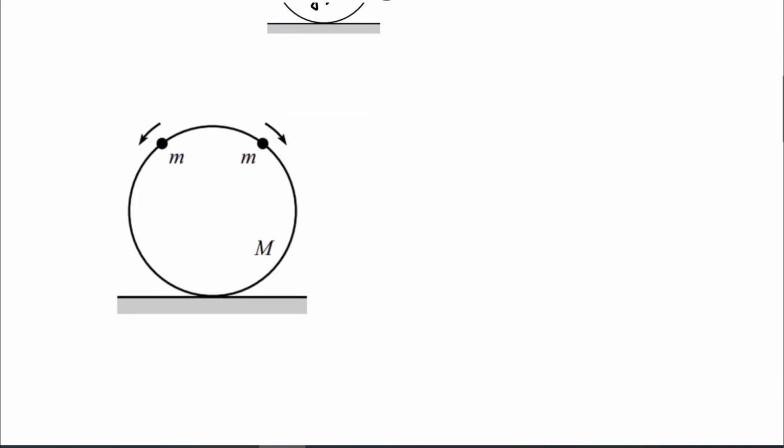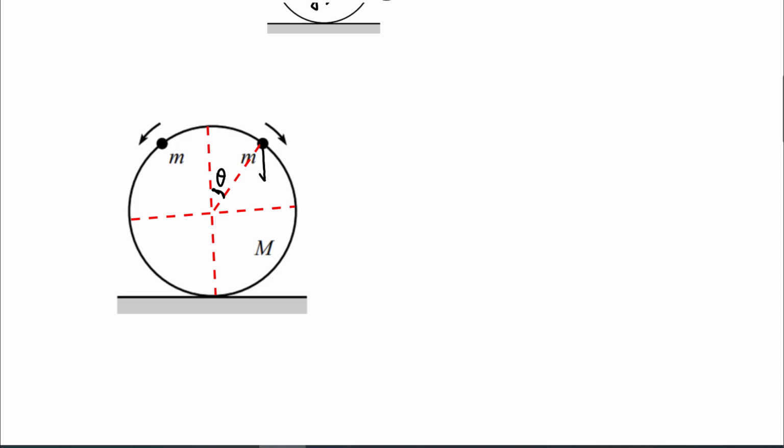So let us say this is the vertical line we have, and this one is the horizontal, and then from here this angle, let's call this angle theta. Now let us see what are the forces acting. So let us say we are concentrating on mass m, that is the bead.